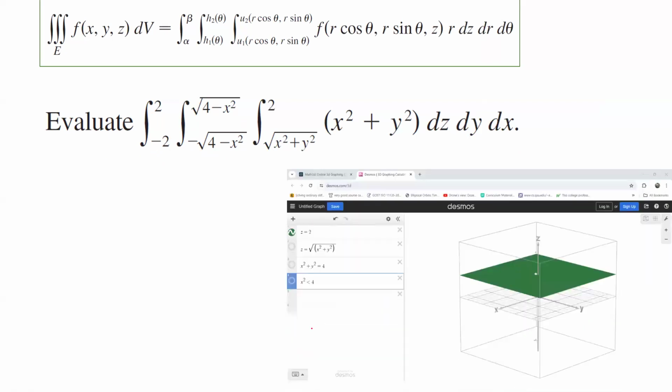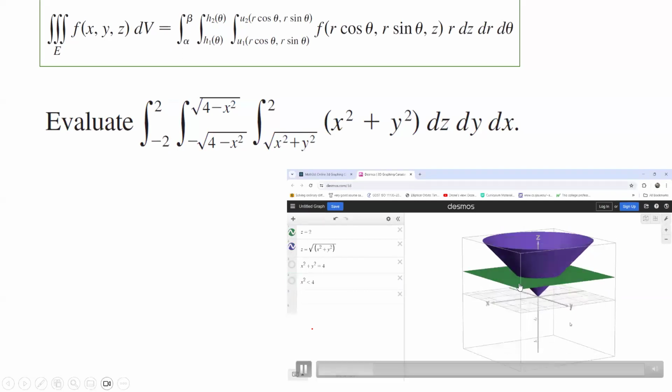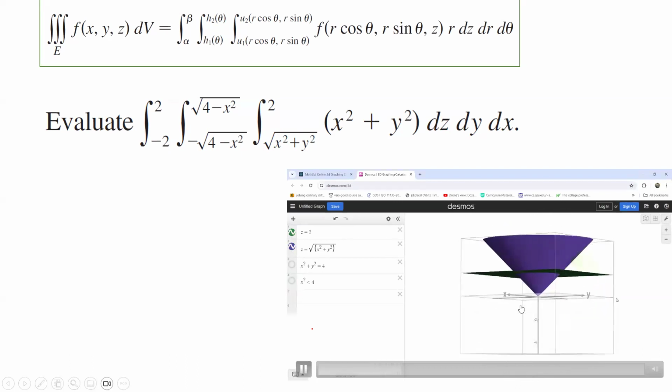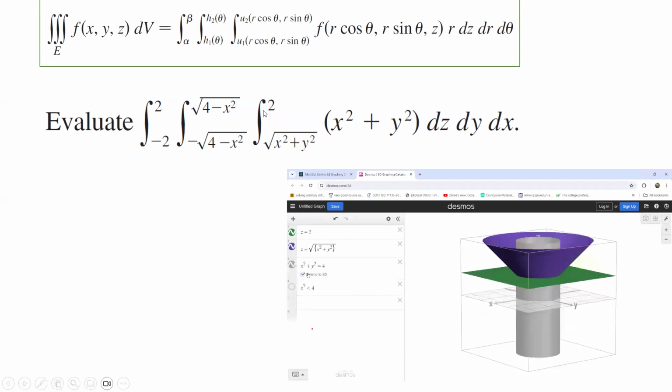Let's take a look at the visualization a little bit. So here you have z equals 2, which is your plane. Z equals square root of x squared plus y squared. So this is the visualization of z bounded between 2 and square root of x squared plus y squared.